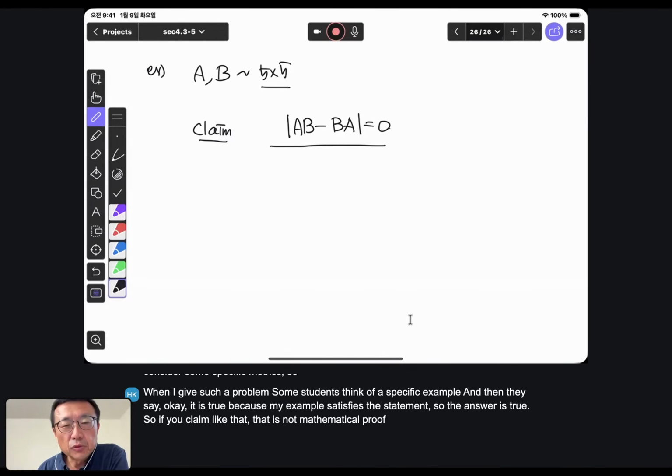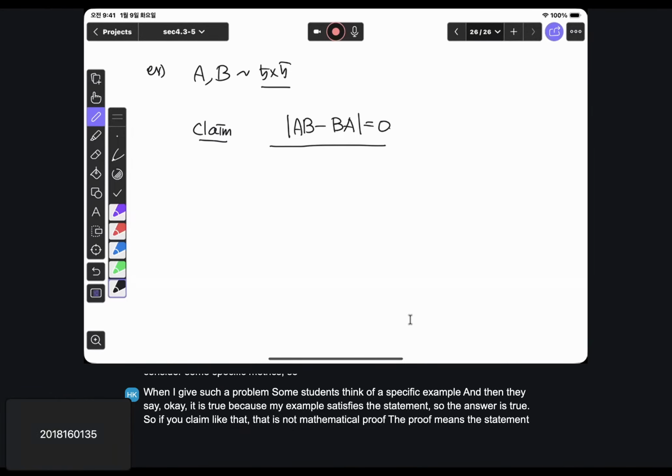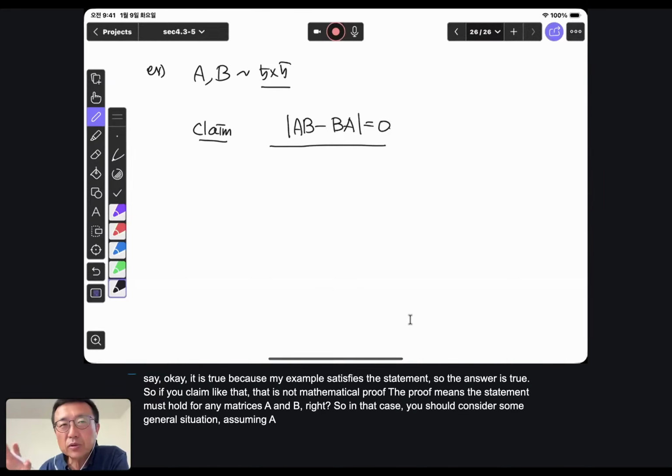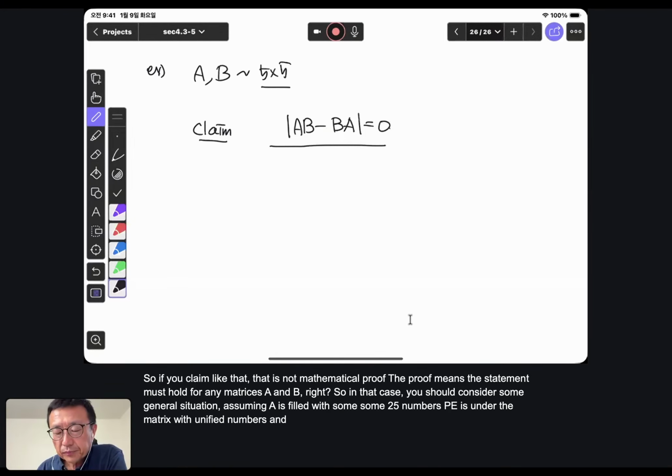Okay? The proof means the statement must hold for any matrices A and B, right? So in that case, you should consider some general situation, assuming A is filled with some 25 numbers, B is another matrix with 25 numbers. So how can I prove this if it is true?